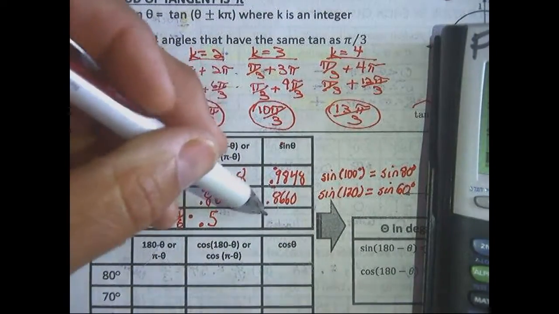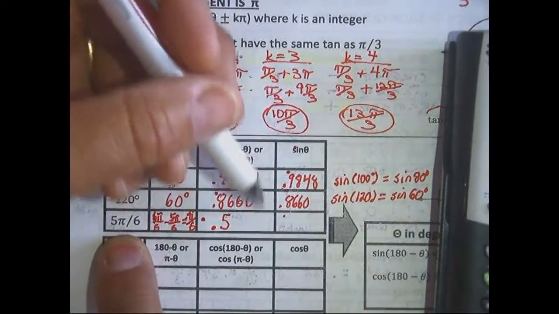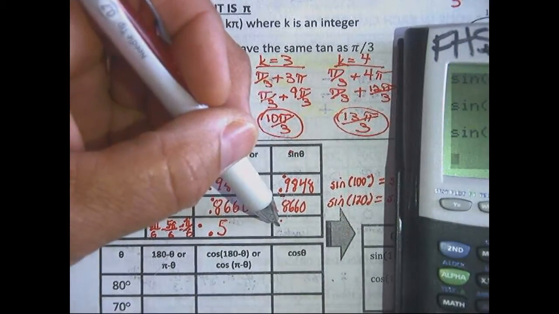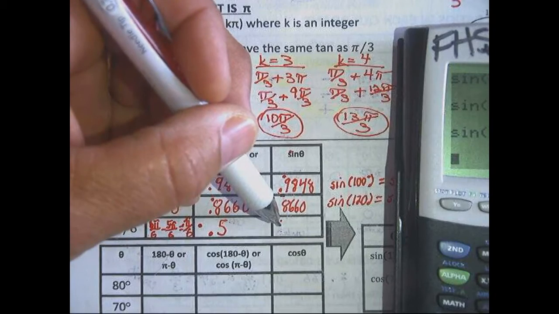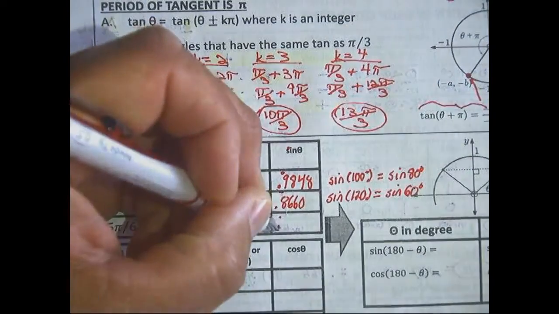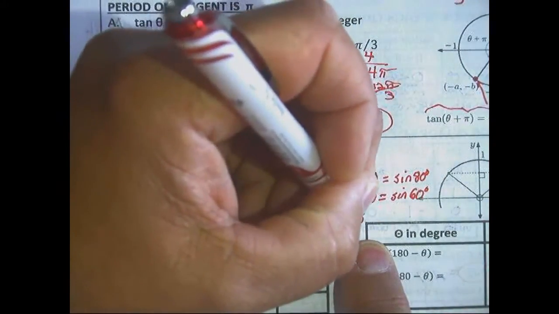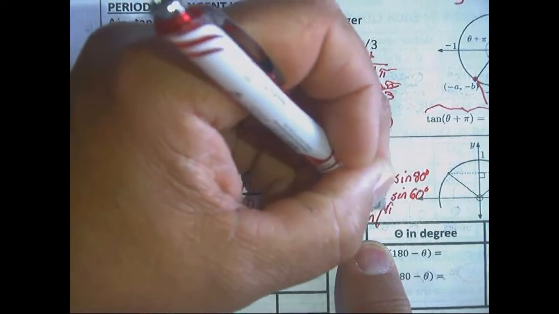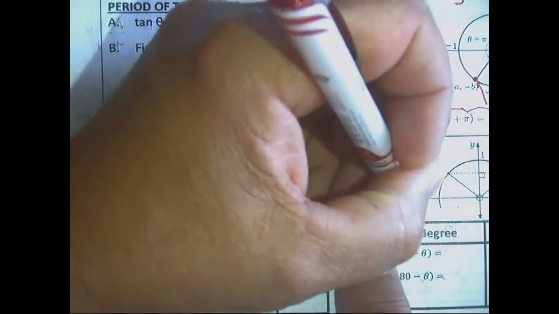And then if I did the sine of 5 pi over 6, 5 pi divided by 6, you get a half again. So this one's telling us the sine of pi over 6 is the same as the sine of 5 pi over 6.